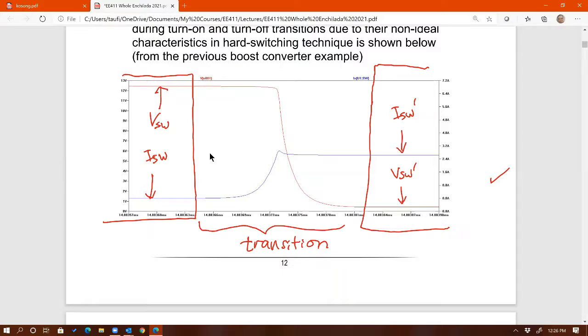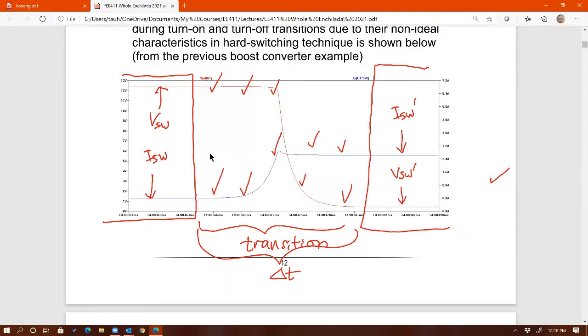And so this power occurs for delta t, that's delta t during the transition time. So you have overlapping between voltage and current. That's instantaneous power, P, V times I at any given time during the transition.